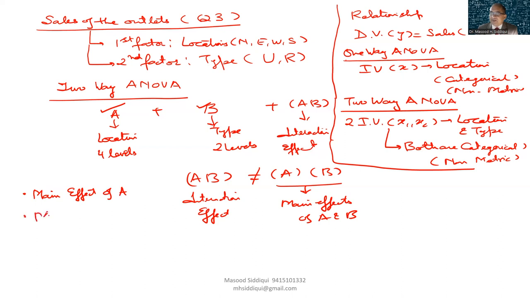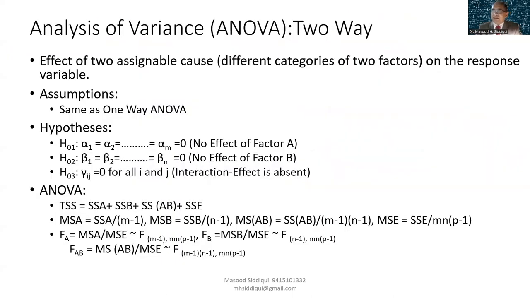The second is the main effect of B. And the next is the interaction effect of A and B. This we are going to study here. Let us formalize this.